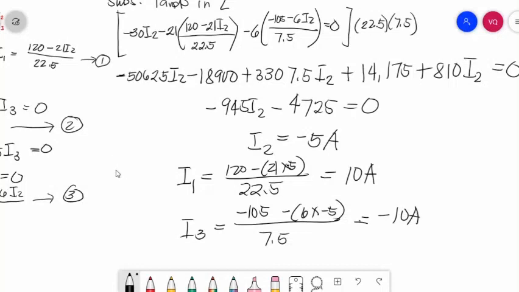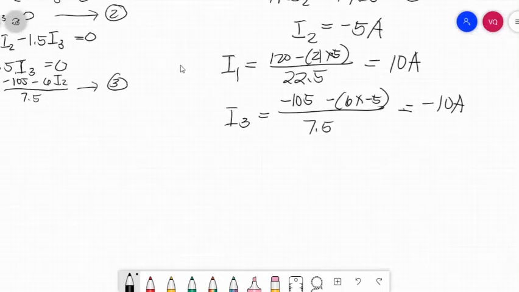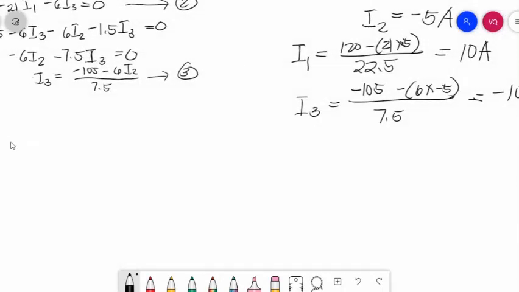Therefore, our loop currents will be equal to I1 is equal to, I2 is negative 5. Ay, baliktad. I1 is 10. I2 is negative 5.